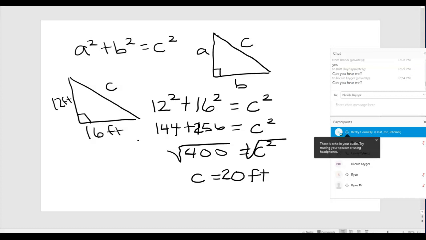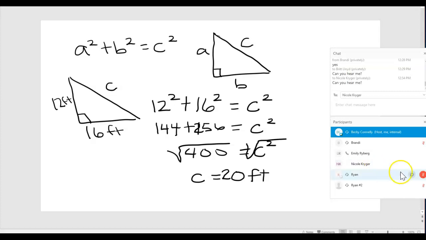Nope, you're right. 12 squared plus 16 squared equals c squared, so we need an equation there so we can solve for c. Then as you go down, underneath 12 squared you have 144, and underneath 16 squared you have 256. After you add them together, you have 400 equals c squared.